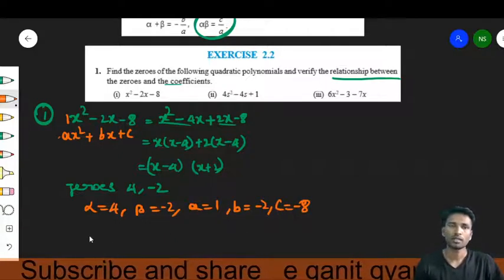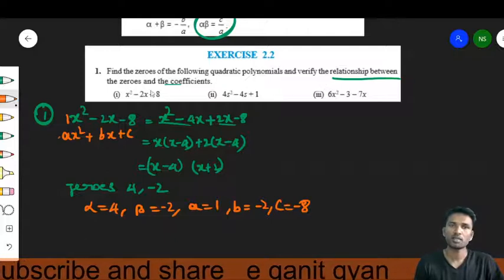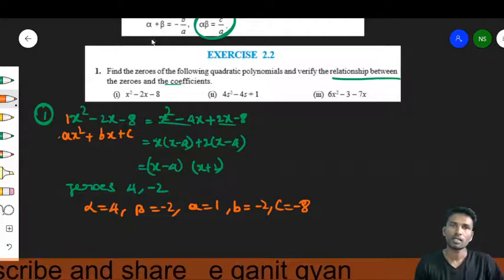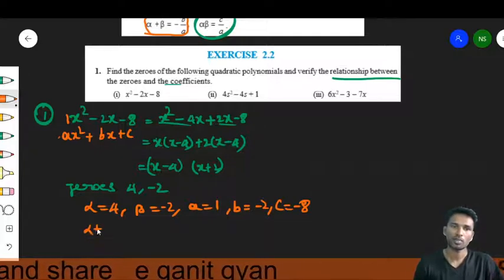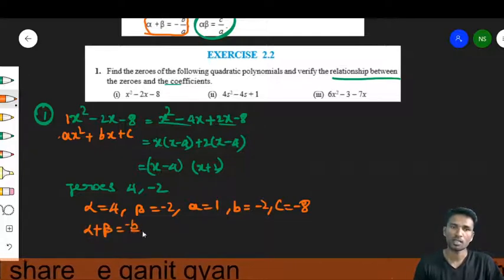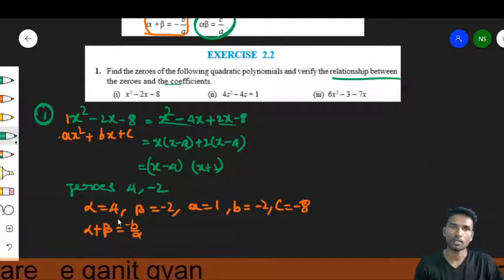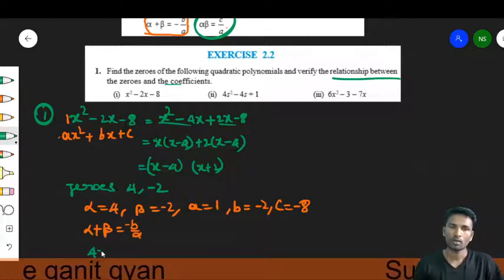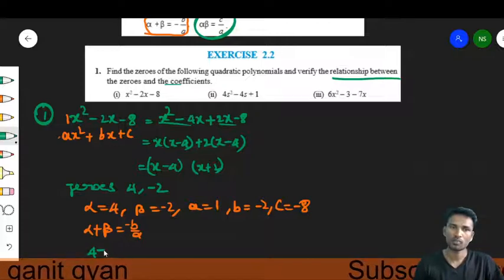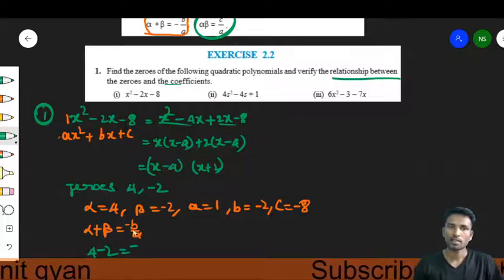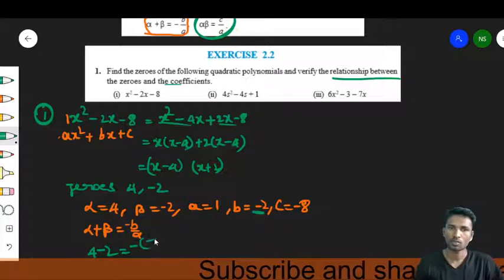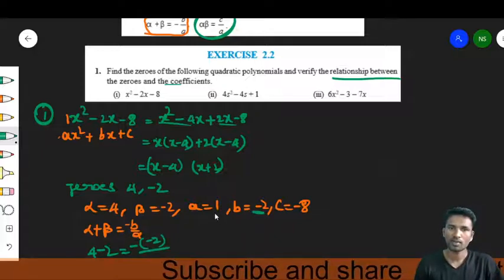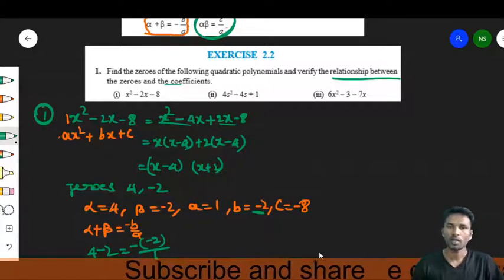Alpha plus beta should be minus b by a. If I substitute the values, alpha plus beta is 4 minus 2, and minus b, where b is minus 2, divided by a, which is 1.